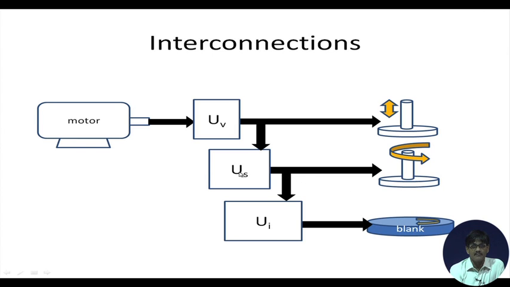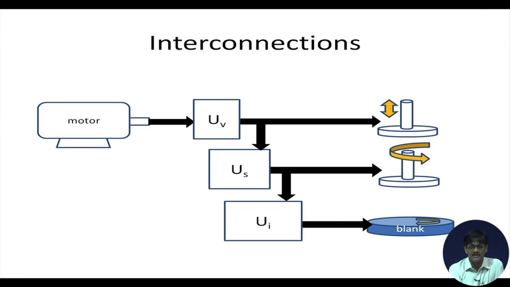So, if some machine element, some gear box or something like that, UV or US or whatever else is outside this loop connecting up cutter and the workpiece, they will not be able to affect the rotational ratio and therefore, the number of teeth being cut on the blank.